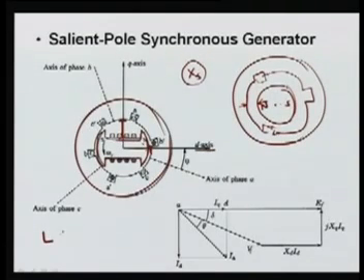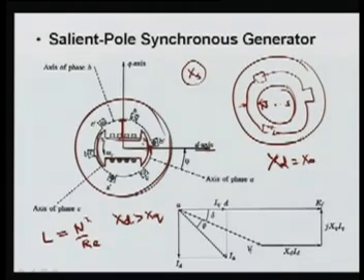We know L is N squared upon R, where R is the reluctance, and if the air gap is less, the reluctance will be less. So Xd in this case is more than Xq, the reactance along the quadrature axis, where the air gap is more. But in the cylindrical synchronous generator, whether it is the q axis or the d axis, it is the same.